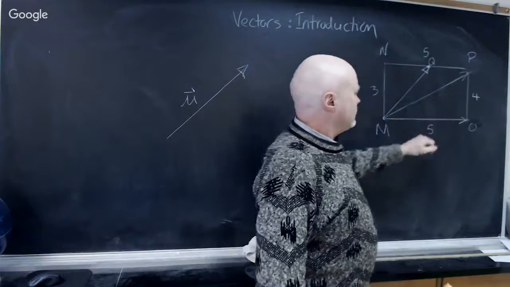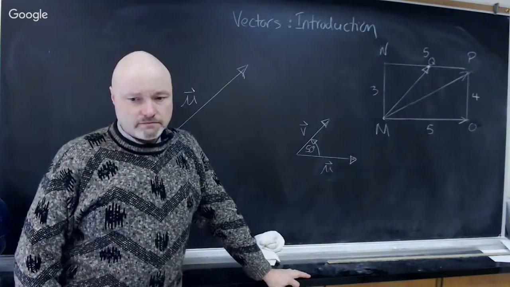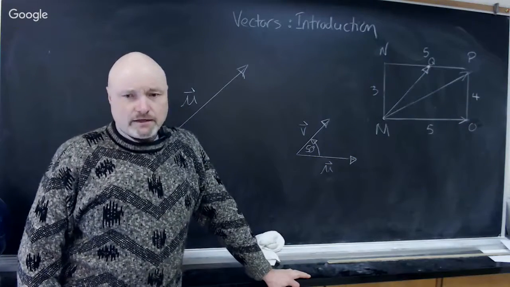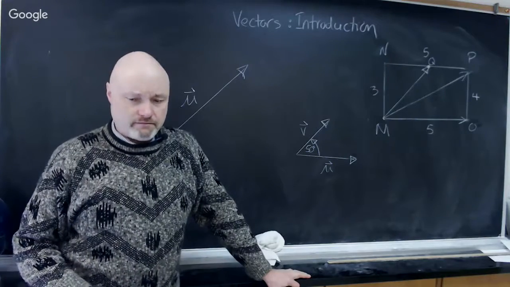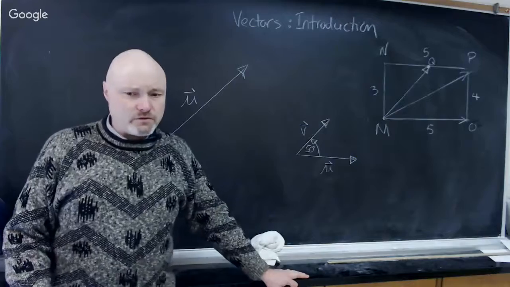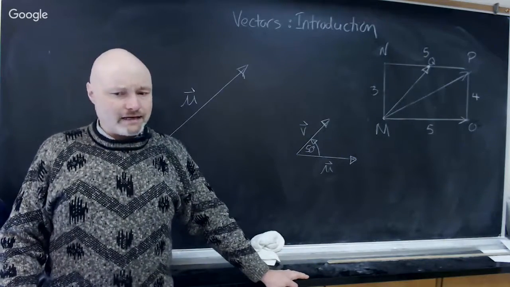Let me just check. Anyways, in both events, you're just using arctan. Yeah, you're just using SOHCAHTOA to find the directions.